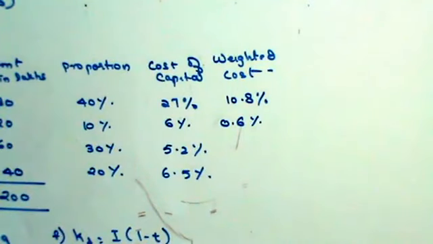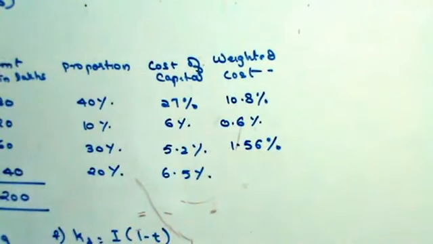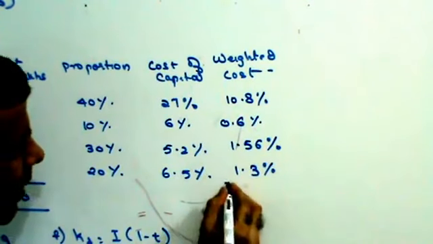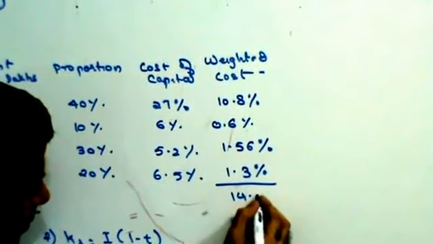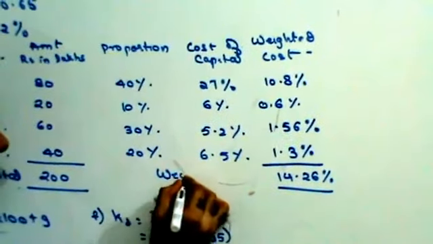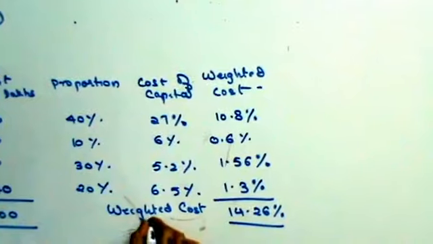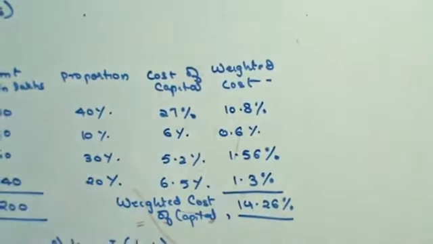Right? 30 into 5.2% will give you 1.56%. And 20 into 6.5% will give you 1.3%. If I add all this, it will give me 14.26%. So this is going to be my weighted cost of capital. Fine, do we get this thing clear?